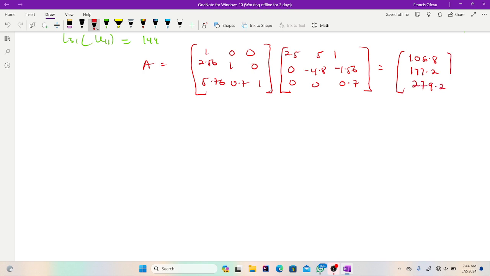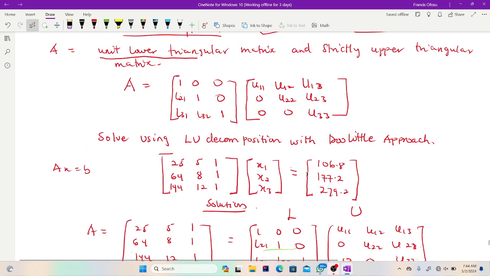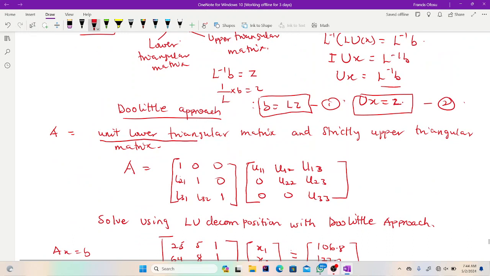Now I'm to find the values of x, and remember the two important equations I gave from the beginning: LZ equals B, then UX is equal to Z. So keep that in mind.